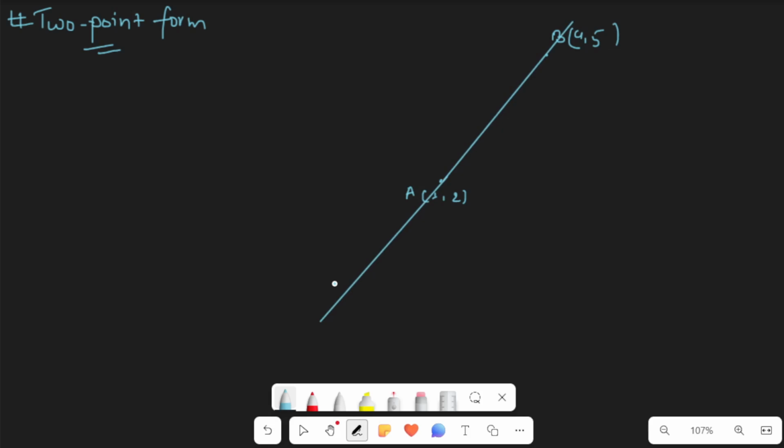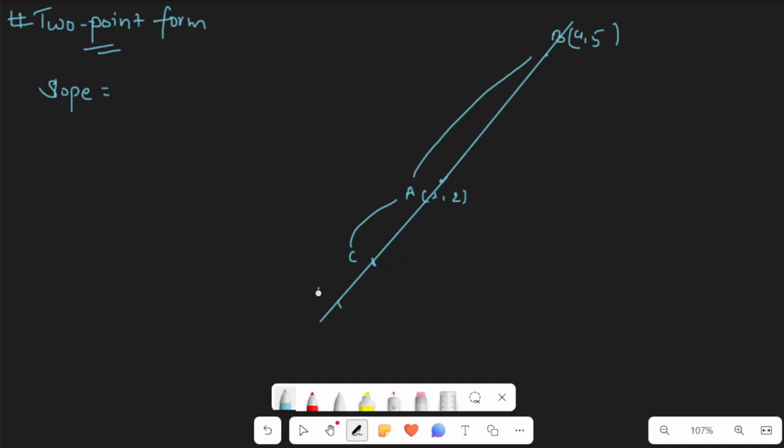Now, in the earlier section, we talked about a unique property for straight lines known as slope. That is, for a straight line, the value of slope is fixed, in which we can take any 2 points to calculate the value of slope, and that will be equal. It means, let's consider a point here. If we calculate the slope of CA and the slope of AB, it will be equal.